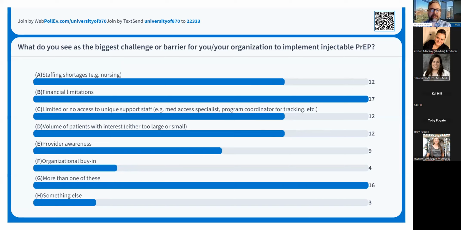As you're making your selections, we have staffing shortages, financial limitations, limited or no access to unique supportive staff. The volume of patients with interest is either too large or too small. Provider awareness, organizational buy-in, more than one of these, so a combination that you're looking at, or something else that may not be listed here.